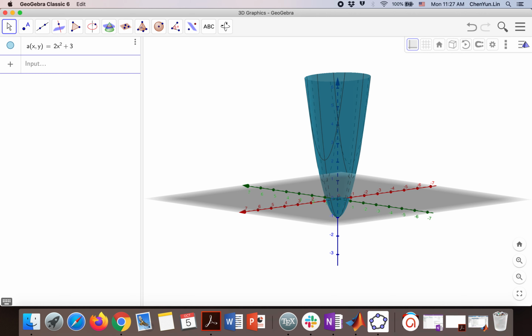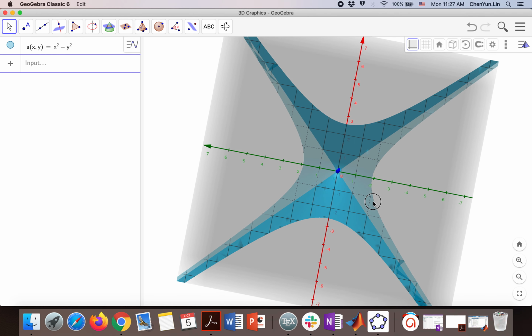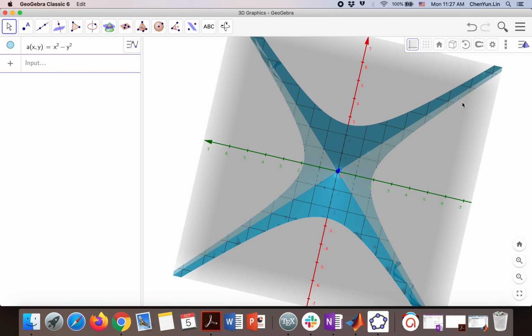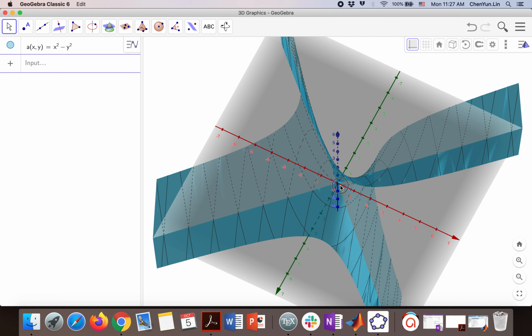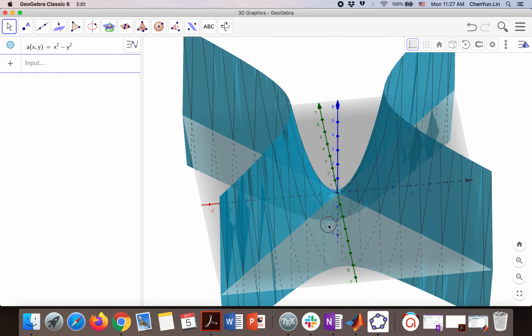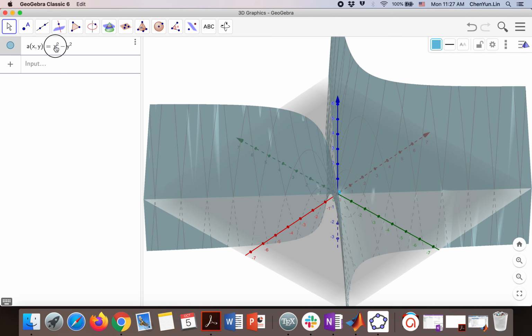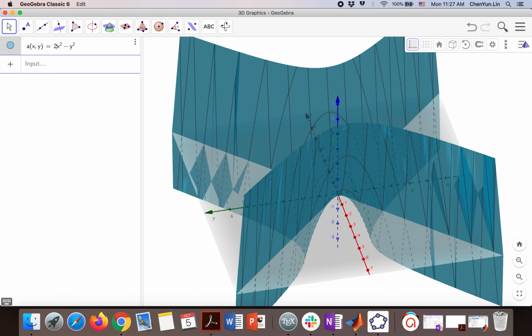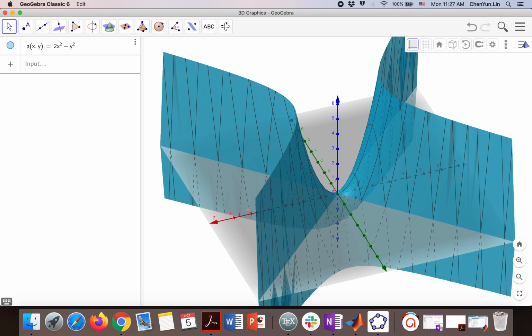And I can have, let's say, x squared minus y squared. What's this? Ooh, this is a hyperboloid. If you look at the cross section, it looks like a hyperbola, but that's what the surface in R3 looks like. Then of course I can change the coefficient, like 2x squared minus, let's say, 5y squared.